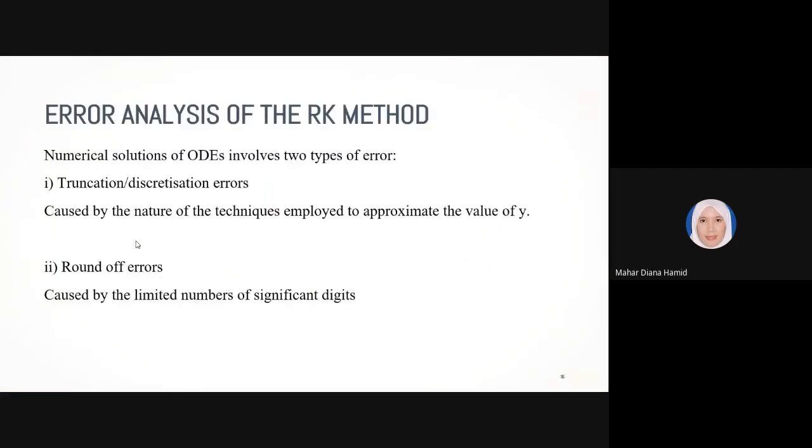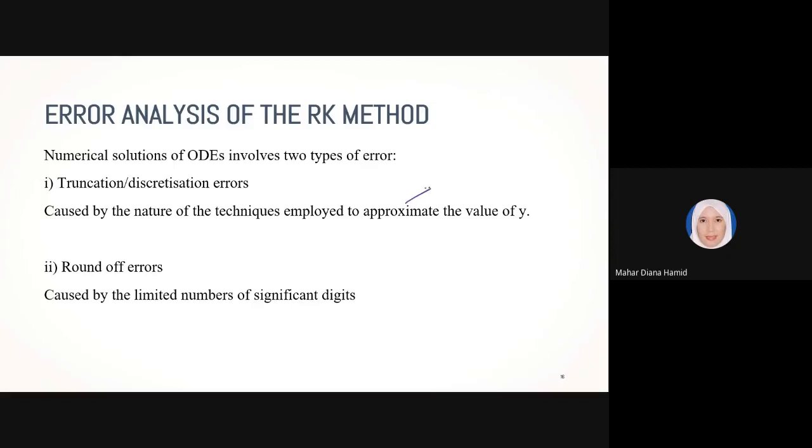Since I mentioned in the previous slides that Euler's method actually has the least accuracy of all Runge-Kutta methods, there are two types of error that we can get from the Runge-Kutta methods, not only Euler's. The first one would be truncation or discretization errors, which are caused by the nature of the techniques employed to approximate the value of y.